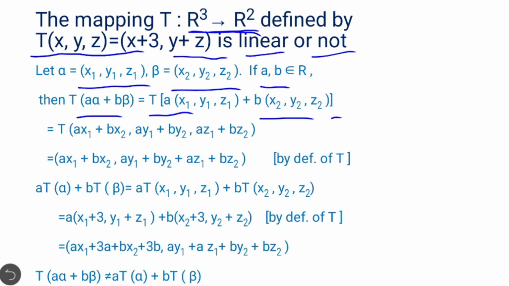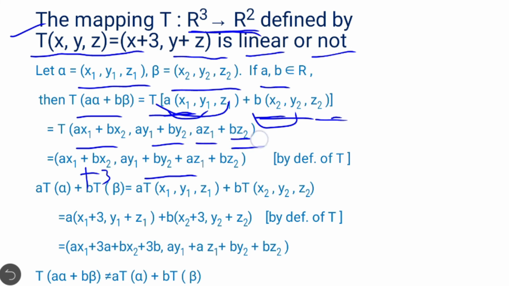It can be rearranged as T(a x1 + b x2, a y1 + b y2, a z1 + b z2). From the given definition we can rewrite it as (a x1 + b x2 + 3, a y1 + b y2 + a z1 + b z2).